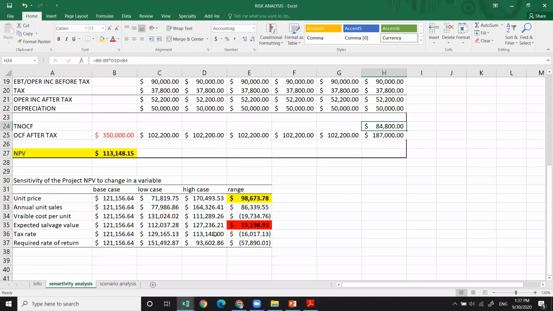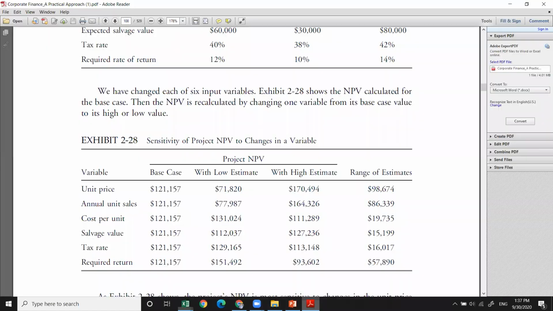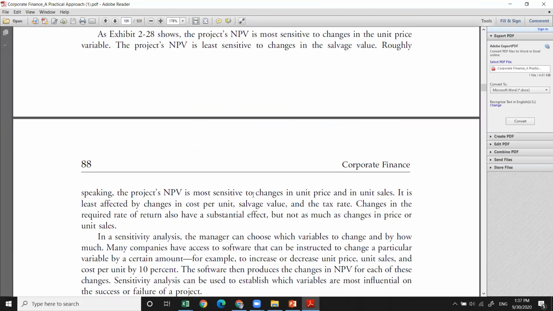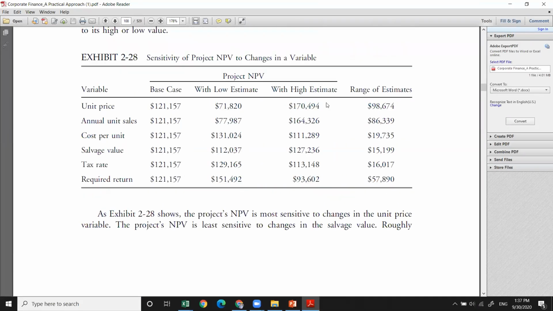Maybe I put it here wrongly, but let me check that because this example comes from the book. Let me check directly from the book. 113, 148. Okay, that means I put it wrongly here.